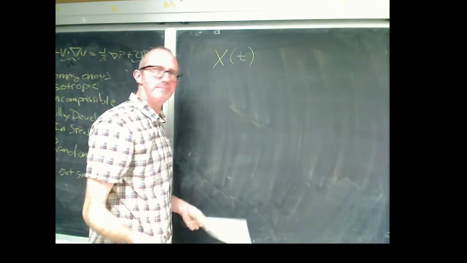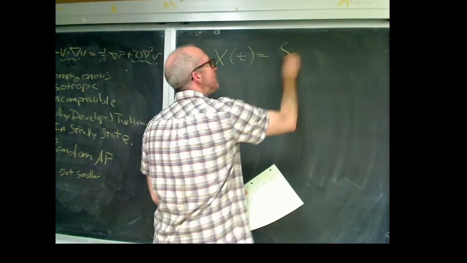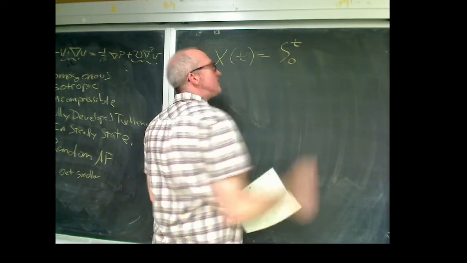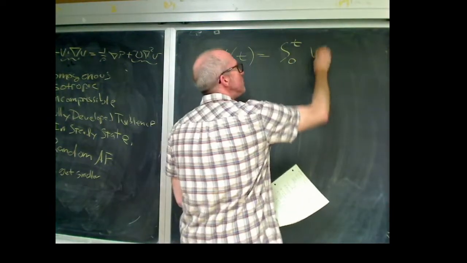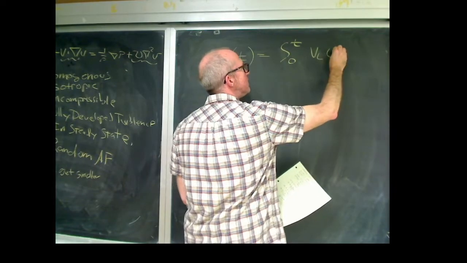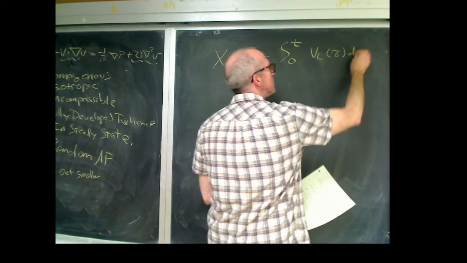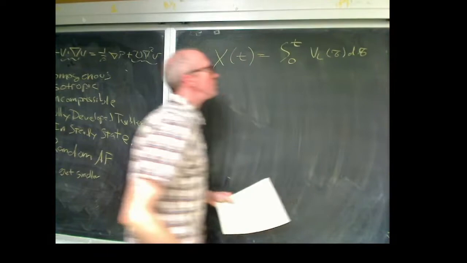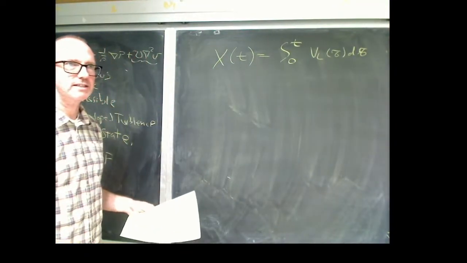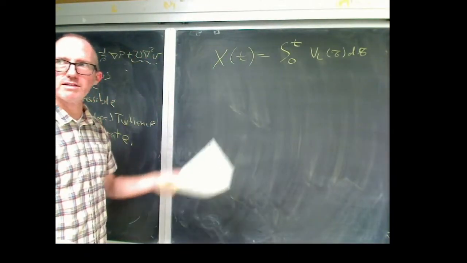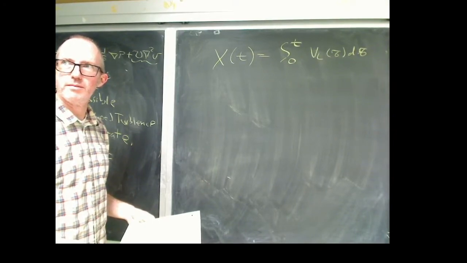Your position is the integral from 0 to t of your velocity. Now this is the Lagrangian velocity, not the Eulerian velocity that we've been talking about.